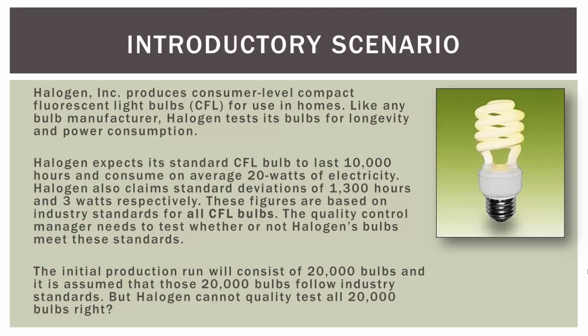So Halogen wants to test whether or not their 20,000 bulbs meet the industry standards of 10,000 hours of longevity and 20 watts of power consumption. Halogen cannot test all 20,000 bulbs, right? They're going to have some way of testing a sample of them. So we're going to consider our 20,000 bulbs our population, and then the test bulbs will be our sample. Let's go ahead and talk about those two concepts next.